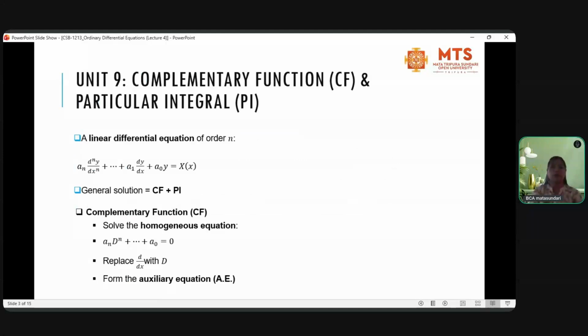Coming to unit 9: complementary function, which is used as the short form CF, and particular integral as PI.